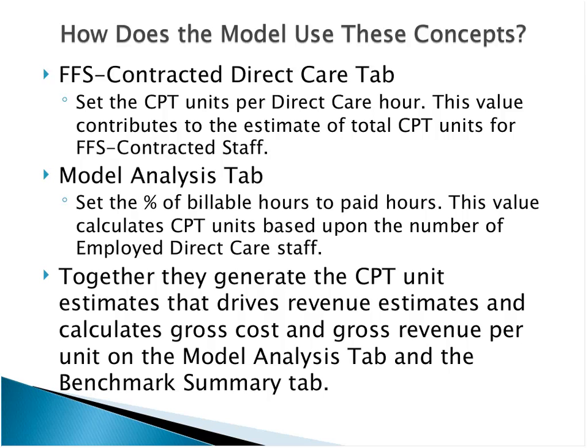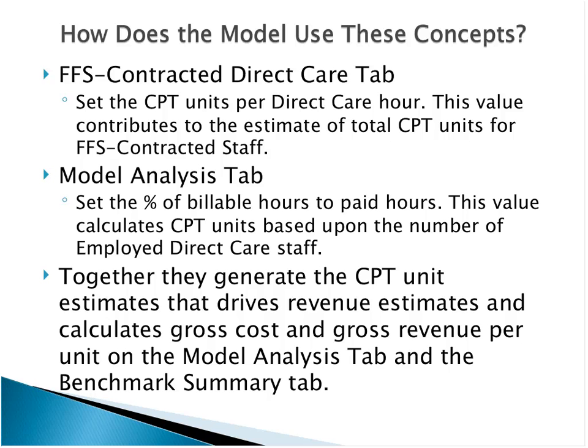On the fee-for-service contracted direct care tab, we ask you to set a CPT unit per direct care hour for your contracted staff. The model uses it to contribute to the estimate of the total CPT units for your contracted staff.